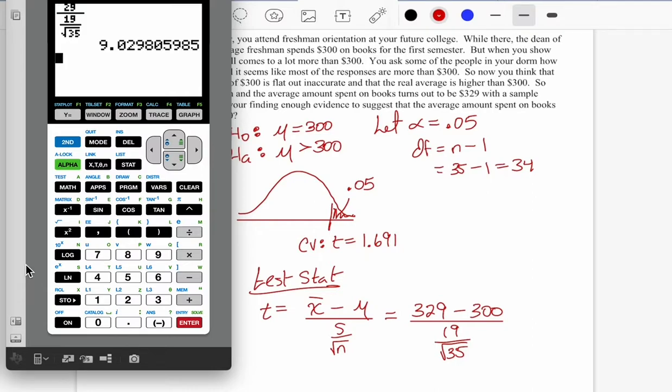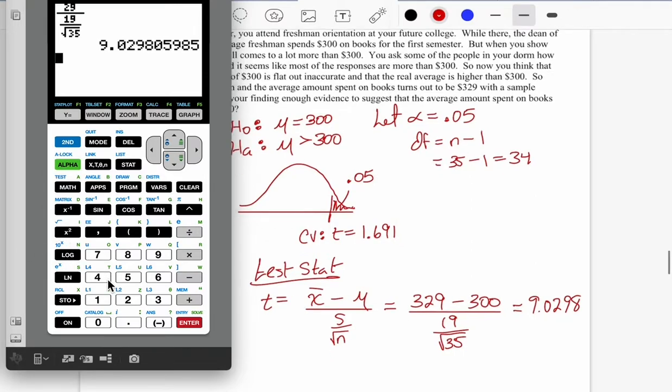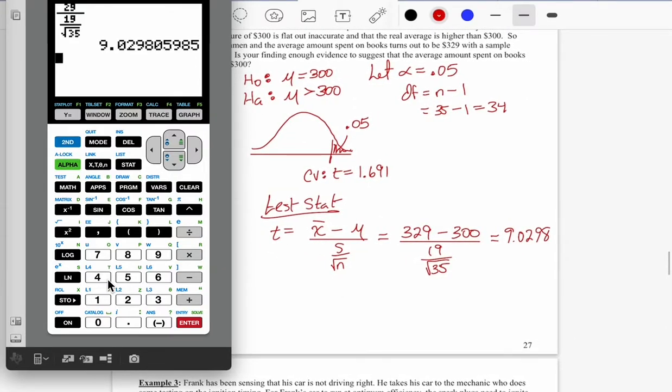Okay, 9.0298. We get the p-value by looking for the probability that t is greater than that 9.0298.